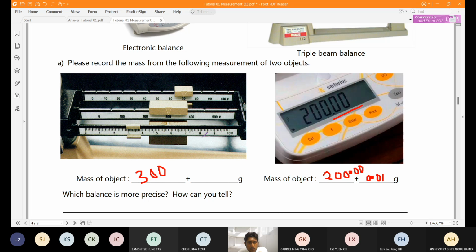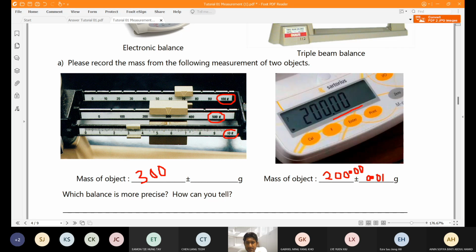Can you see how much that is? So this is the gram, and this is also a gram, this is also a gram, right?